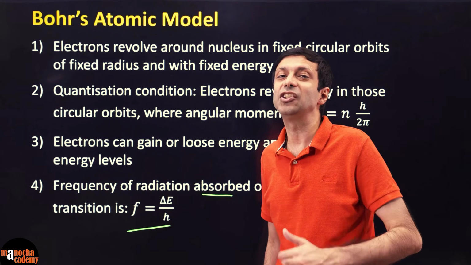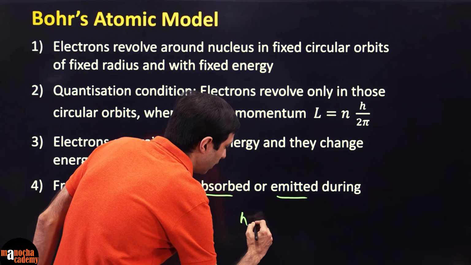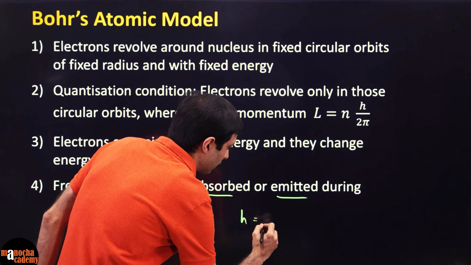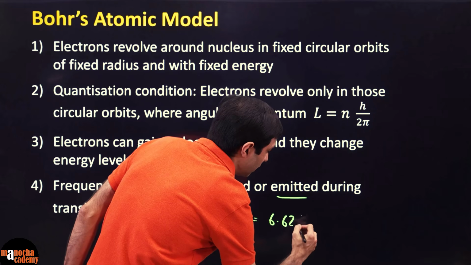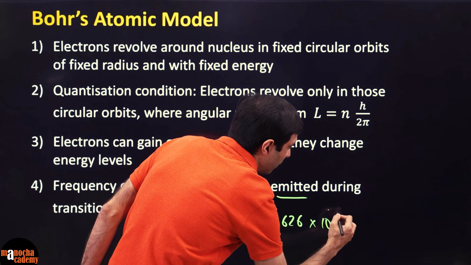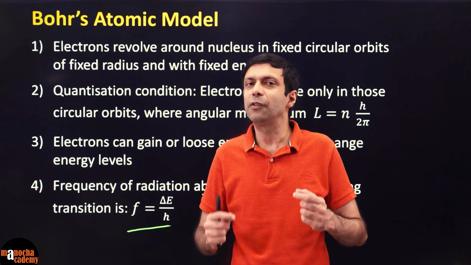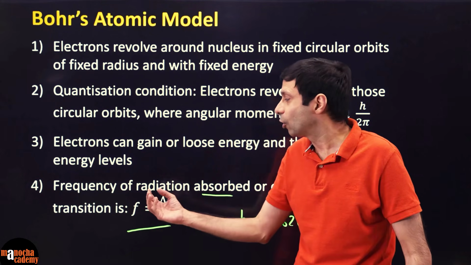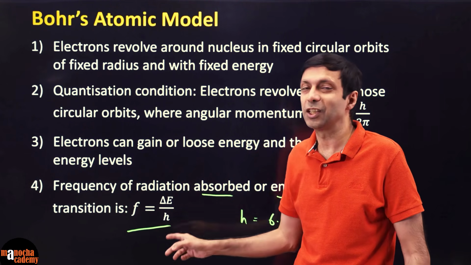Who is h? h is Planck's constant. And Planck's constant has this value, h equal to 6.626 times 10 to the power minus 34 joule second. So if you know the difference in energy levels, then you can work out the frequency of the electromagnetic waves emitted or absorbed using this formula.